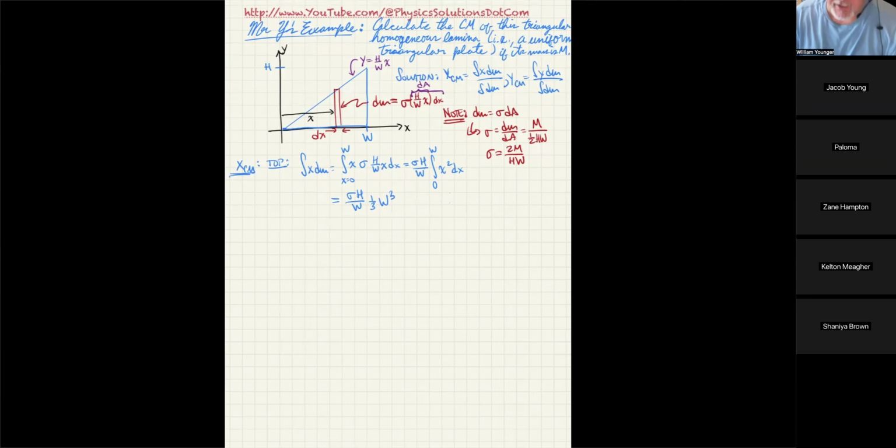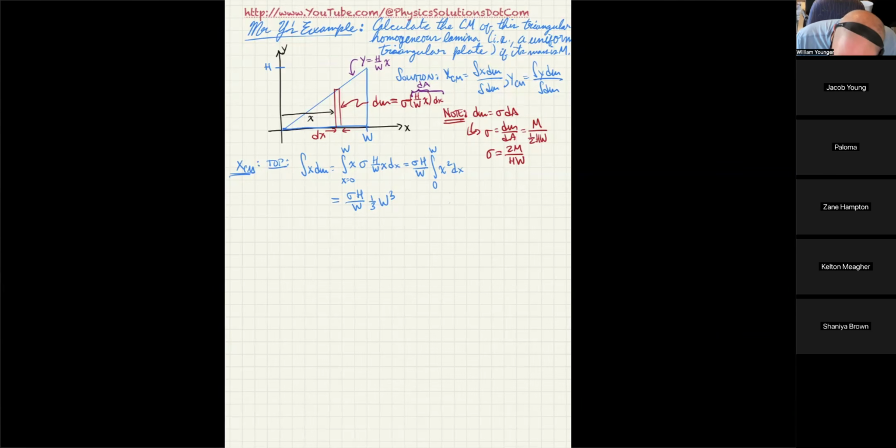Now that makes a little bit more sense. The units weren't working out. That's what made me think it was wrong. I had sigma hw over 2. Well, sigma has units of mass per unit area. So if I multiplied that by the hw, that would just be units of mass. I shouldn't have units of mass for the integral of x dm. So I knew something was wrong, and sure enough, I realized that I'd forgotten to properly integrate it.